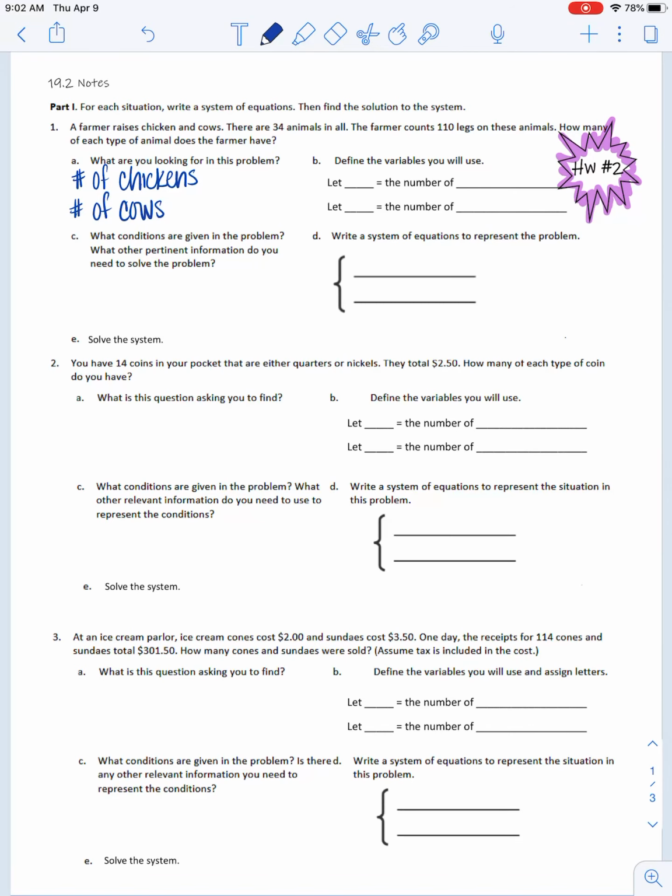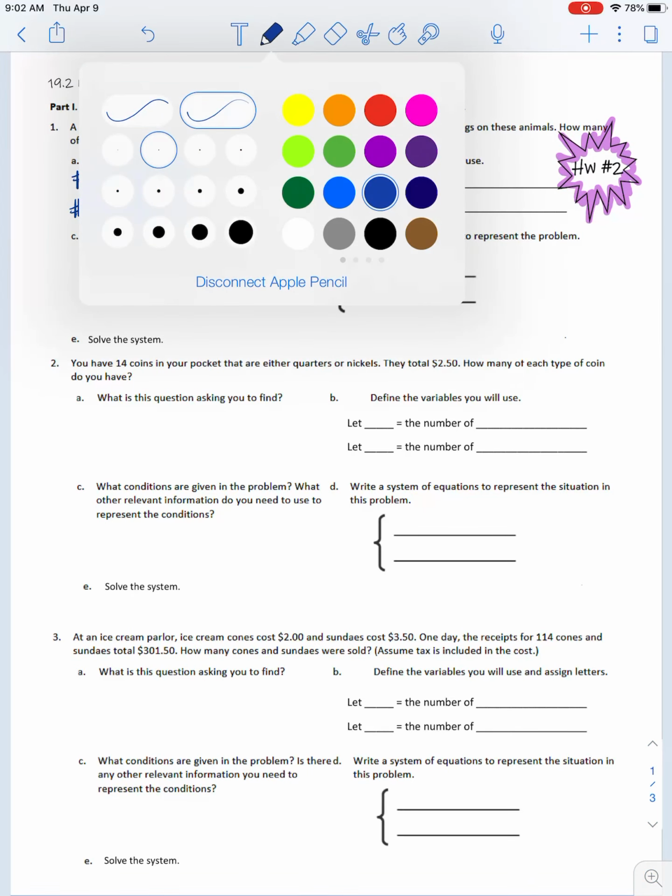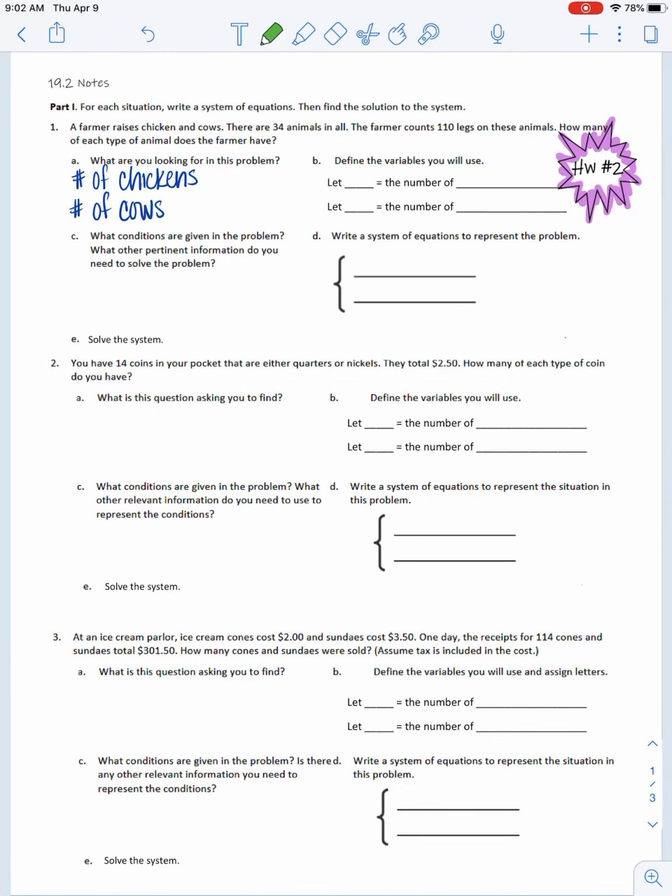Once you identify what you're looking for, those two things are going to be your variables. So I'm going to let x equal the number of chickens. I guess I don't really need to write number of because that's there already. So number of chickens. And I'm going to let y represent the number of cows.